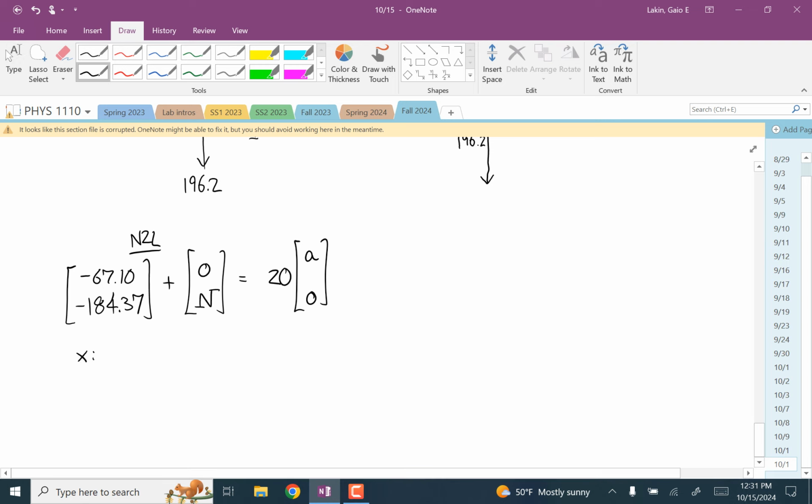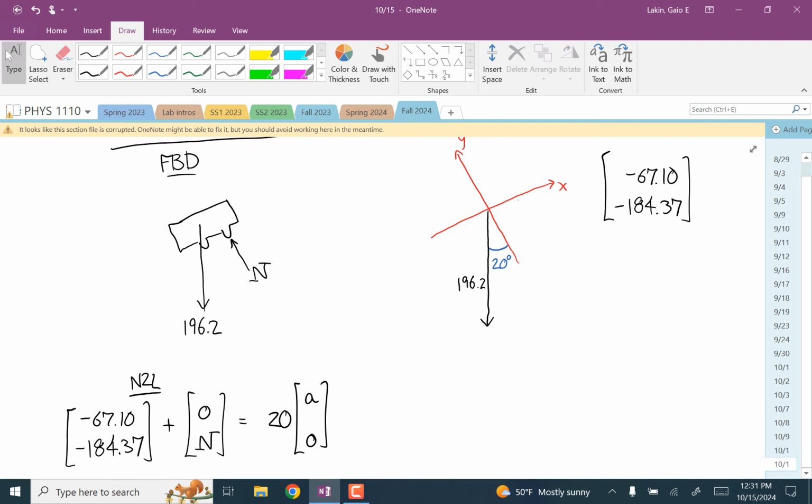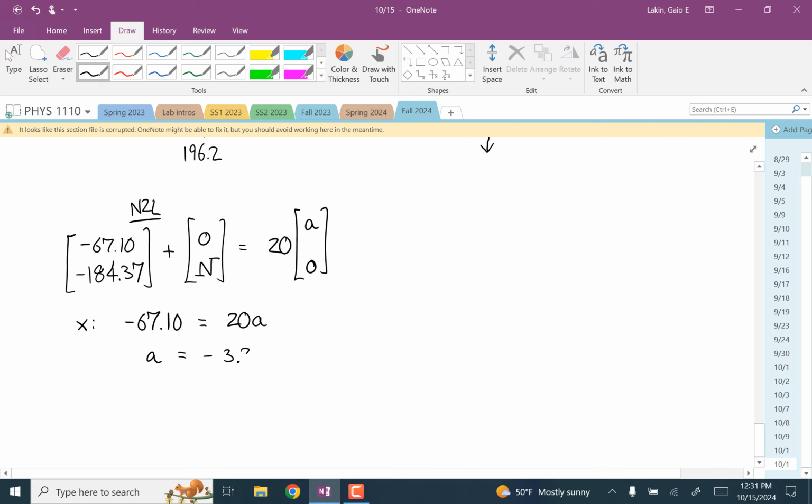I'll use the x equation, and it says negative 67.10 is equal to 20a. Solve that for a, and you get negative 3.35. And so the acceleration vector, plug this value back into the vector we have here, you get an acceleration vector of negative 3.35, 0 meters per second squared.